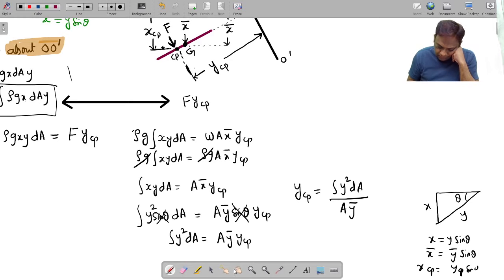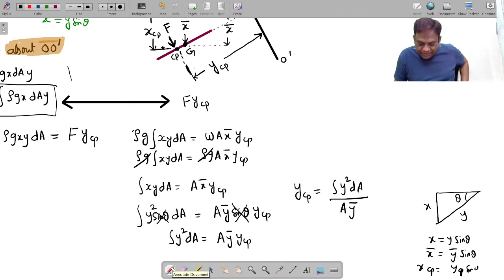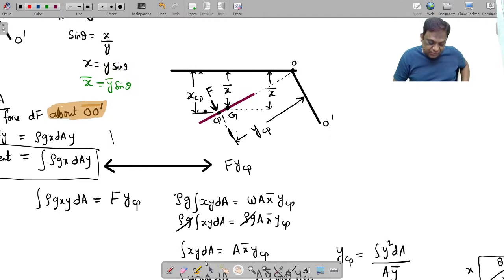I repeat, if you want y_cp, it is integral y square dA by A y bar. Now let us see what is y square dA.